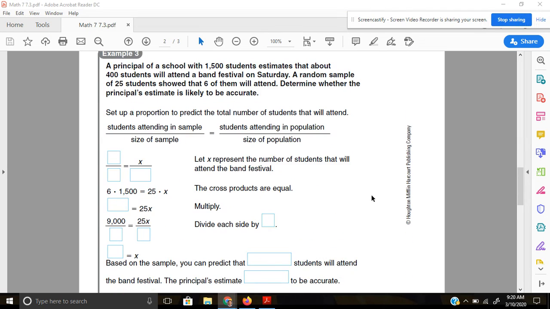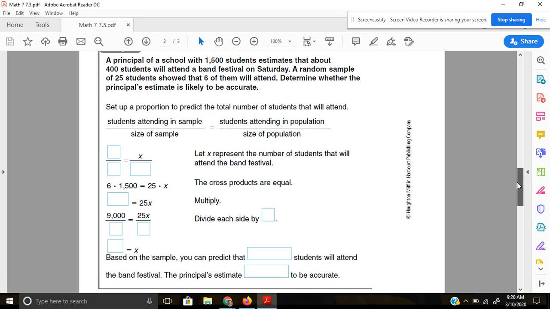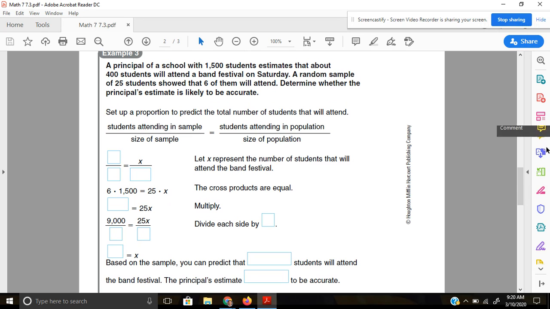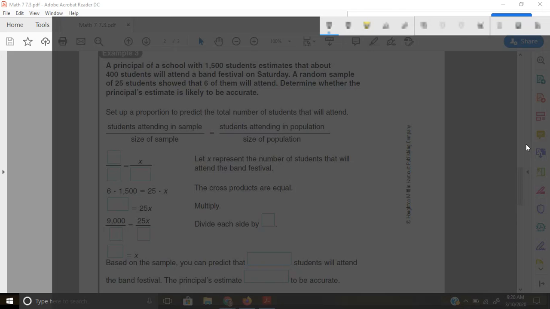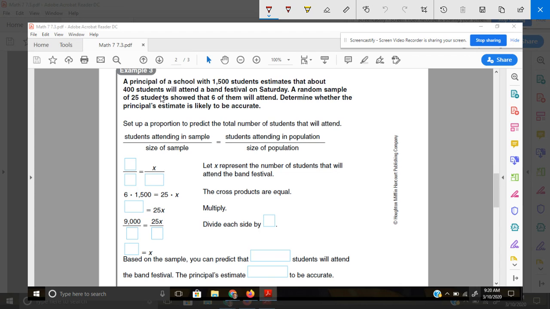Here we're going to use some proportions to see if we can find the actual number. So it says a principal of a school of 1,500 estimates that about 400 students will attend a band festival on Saturday. A random sample of 25 students showed that 6 of them will attend.